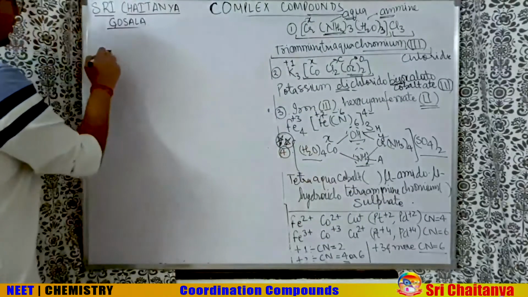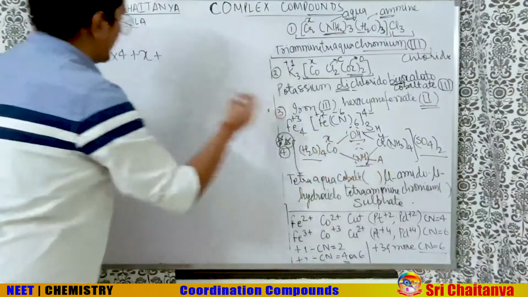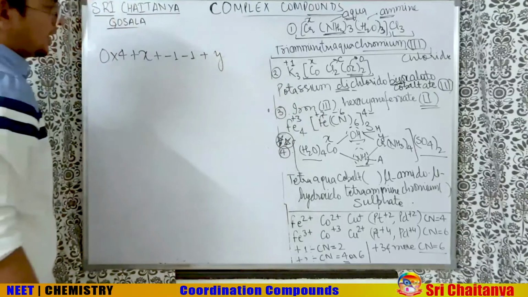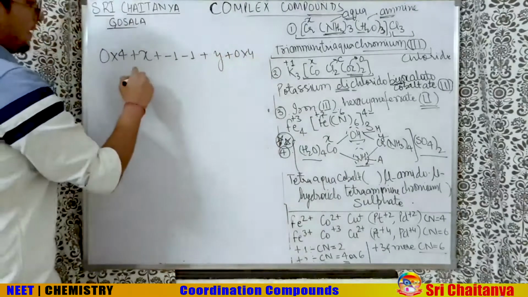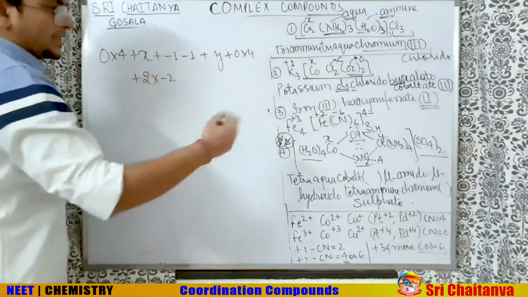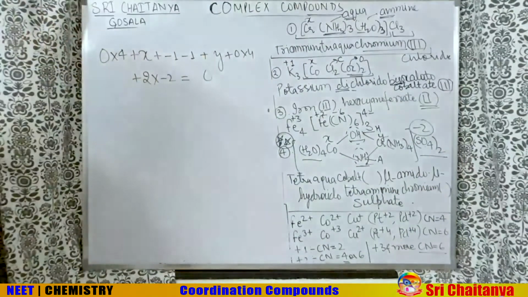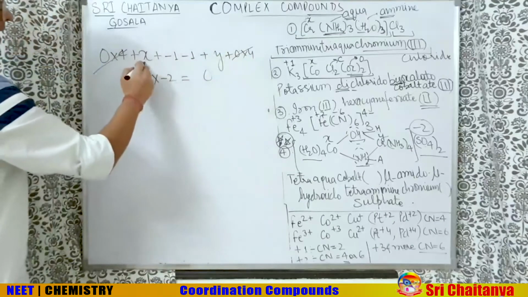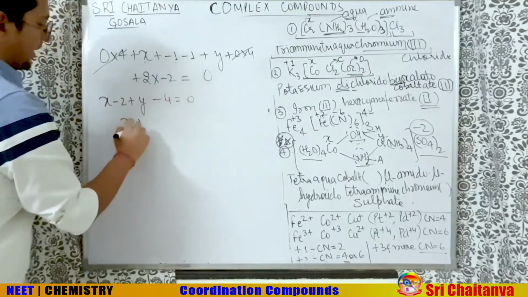Water 0 into 4, cobalt X, OH has minus 1, NH2 has minus 1, plus chromium Y, then NH3 0 into 4, plus 2 sulfates, so 2 into minus 2, since one sulfate has minus 2 charge. Overall charge is 0. So X minus 2 plus Y minus 4 equals 0, so X plus Y equals 6.